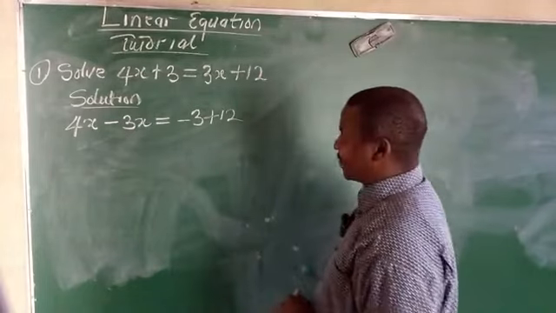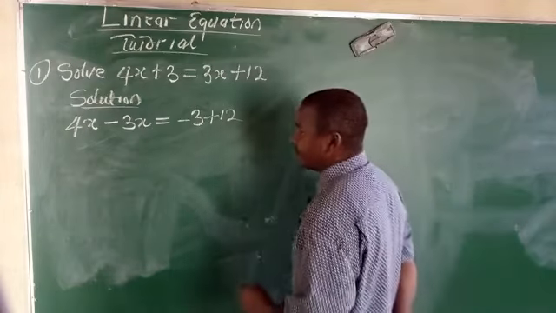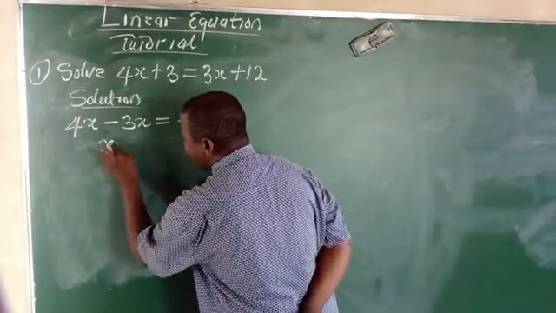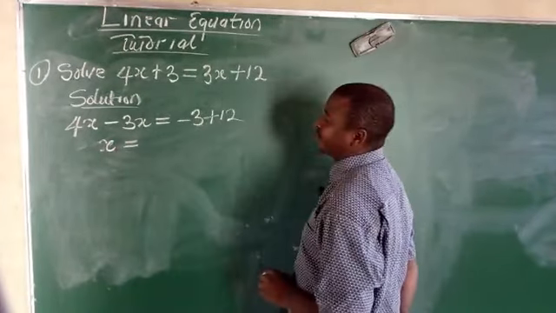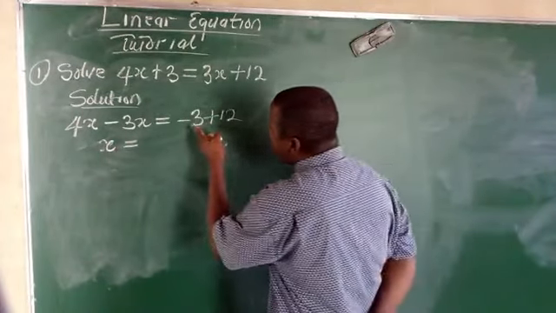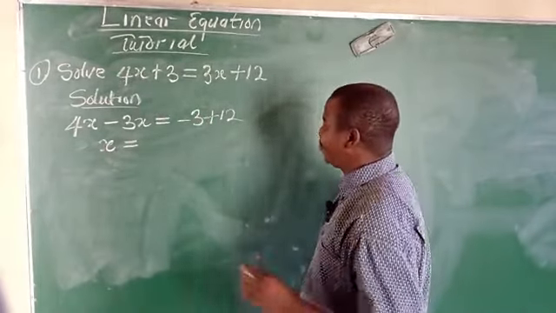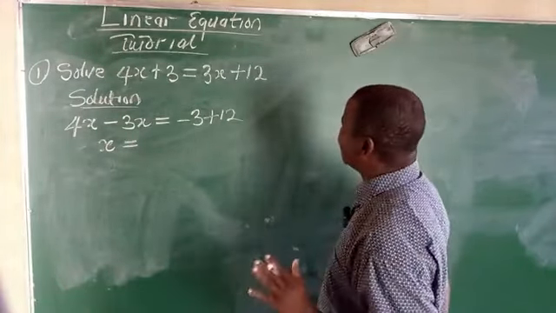Having arrived at this step, what do we do? Simple. We say 4x minus 3x, we are left with x, equal to minus 3 plus 12. Don't be confused.